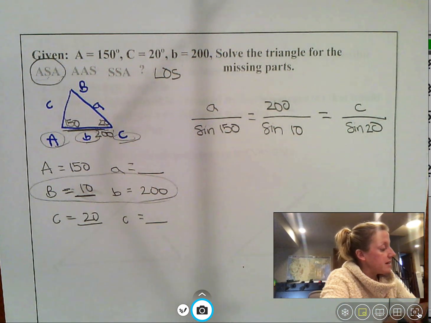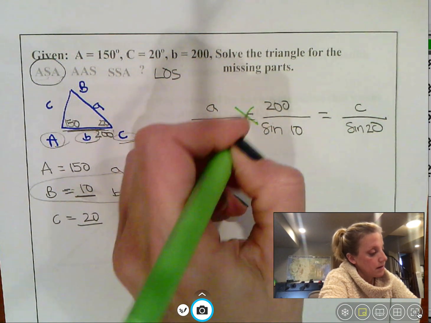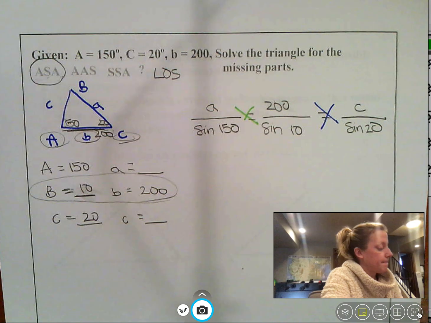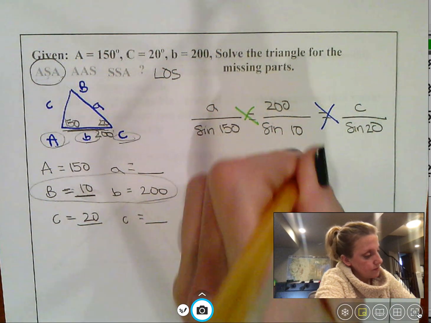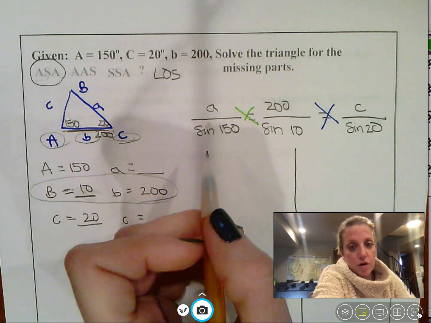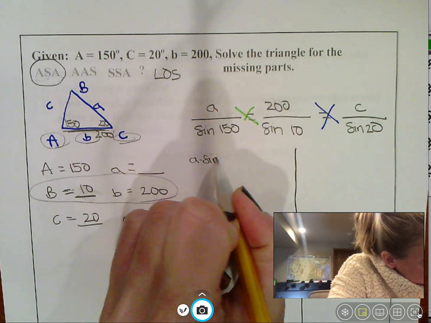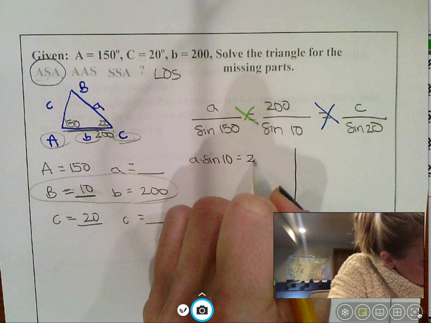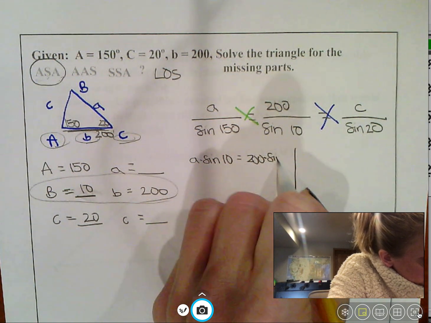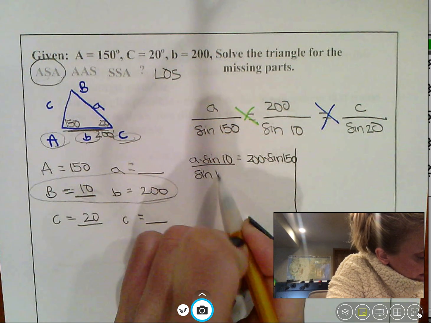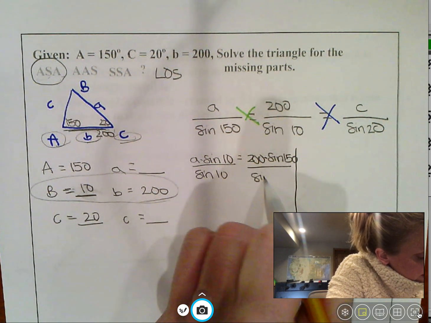So now you're ready to set up both equations to solve. So go ahead and we'll have A times the sine of 10 equals 200 times the sine of 150. So when I solve for A, I divide by the sine of 10, I divide by the sine of 10.